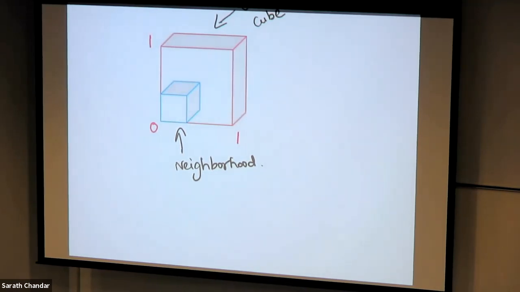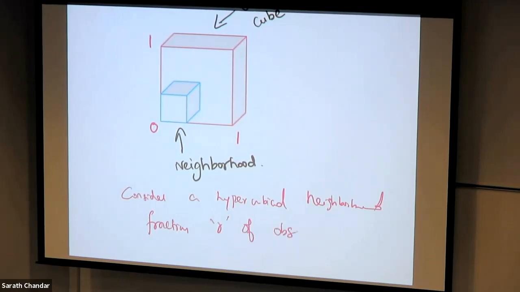Now, in this case, let us just consider a hypercubical neighborhood around any target point, to capture a fraction r of observations. So if I have to capture r fraction of my data set, this is the hypercube.